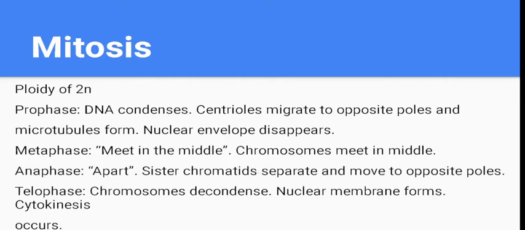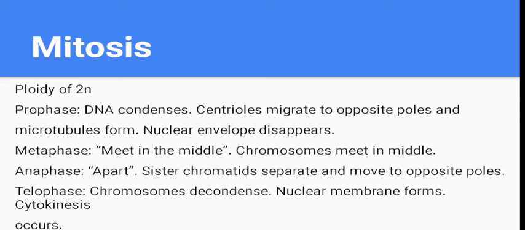Mitosis, again, is pretty simple stuff if you took biology before, so I'm going through it quickly. Ploidy of 2N. In prophase, DNA condenses, centrioles migrate to opposite poles, microtubules form, and the nuclear envelope disappears.